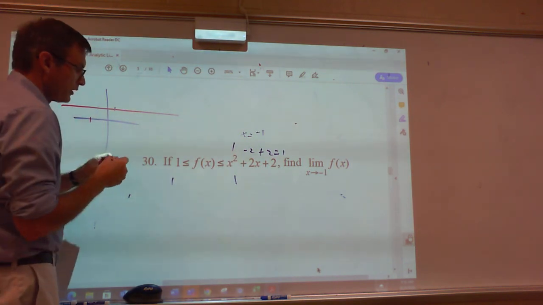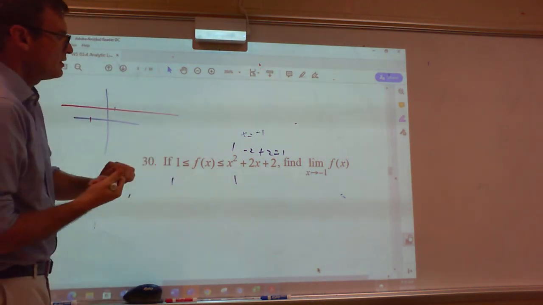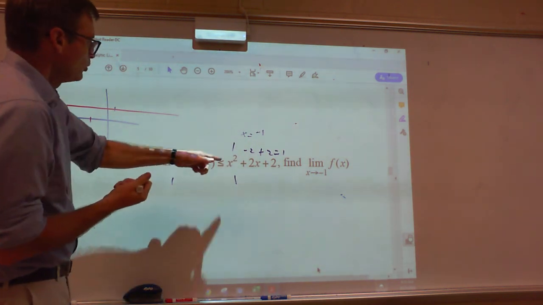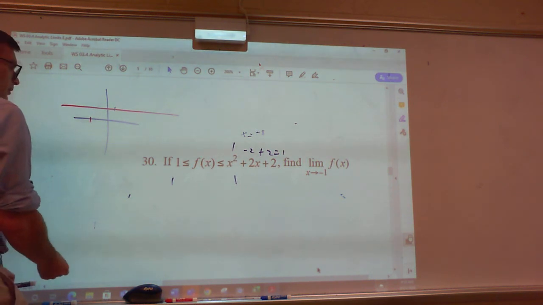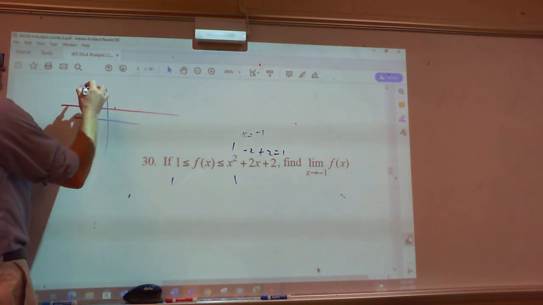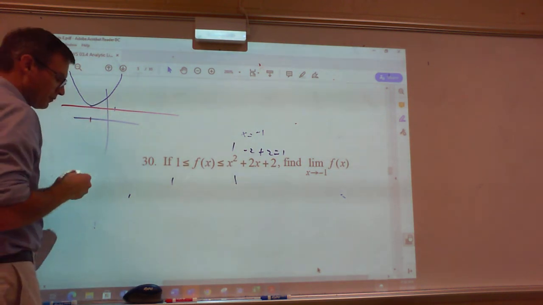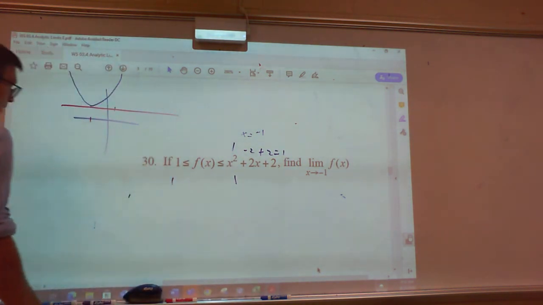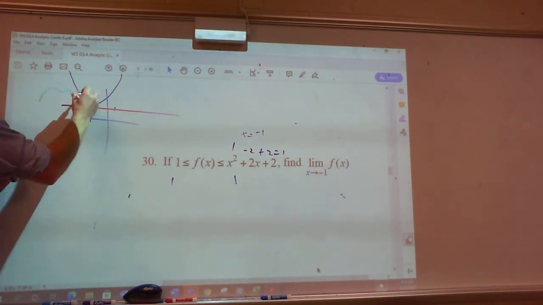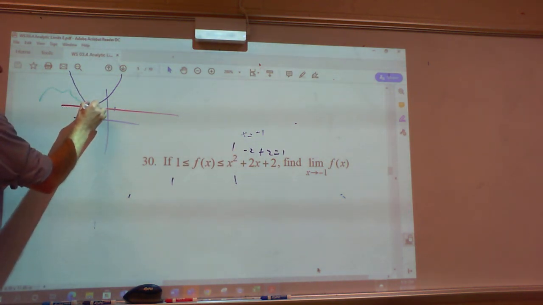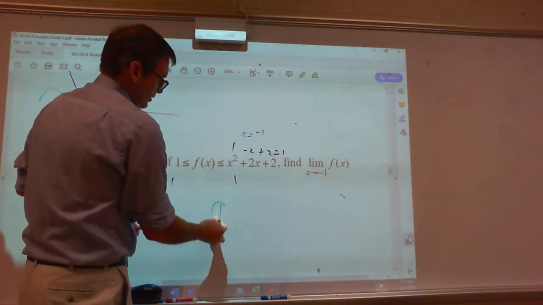Here's at -1. We get this little parabola, which I'm assuming is going to look like this. And then we have f of x, which is doing its own thing, but at -1 it gets squished, so that it's at a height of 1. And so my answer to that is 1.